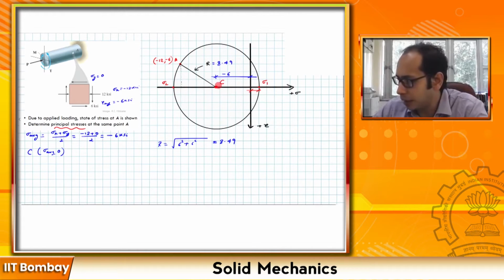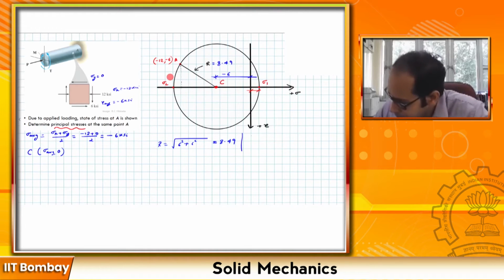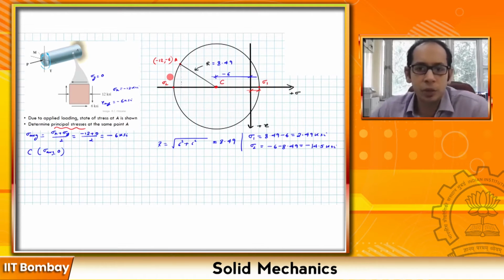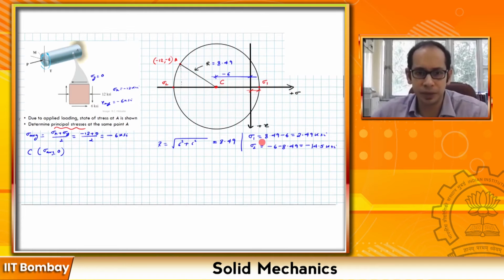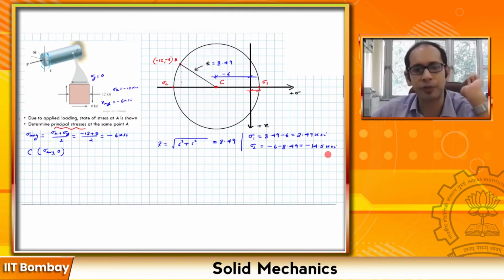So let's go ahead and write that. These are the two extremes of the principal stresses: sigma 1 comes as a small positive 2.49, and sigma 2 is minus 14.5. So we have found the principal stresses.